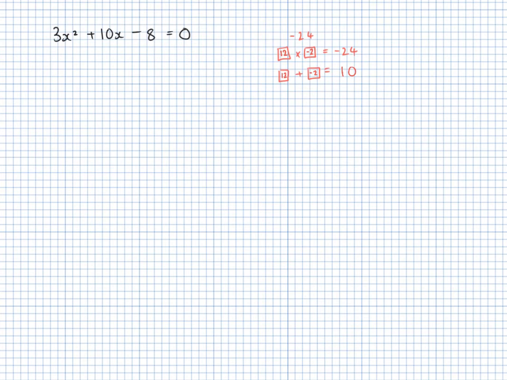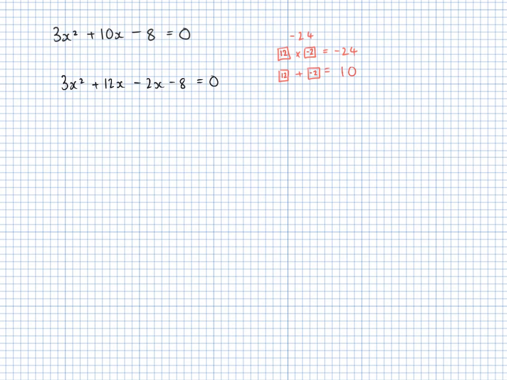Okay, so the next step is to rewrite the middle terms. So I'm going to say 3x squared plus 12x take away 2x take away 8 equals 0. So that's my equation.